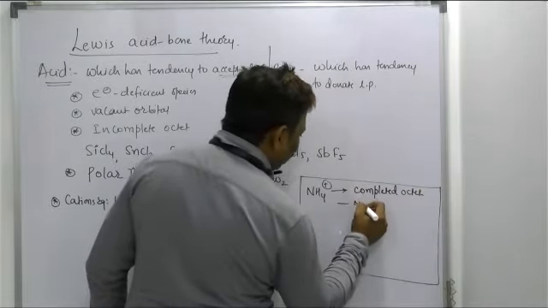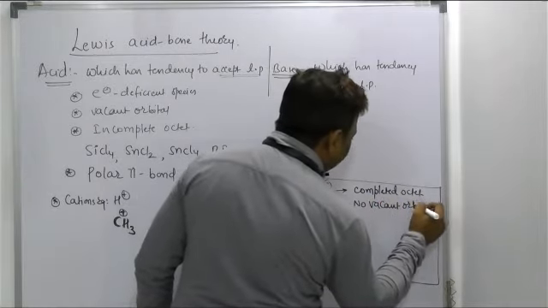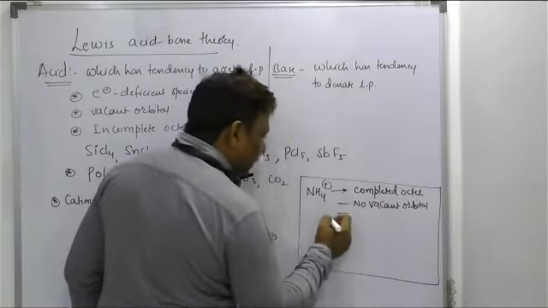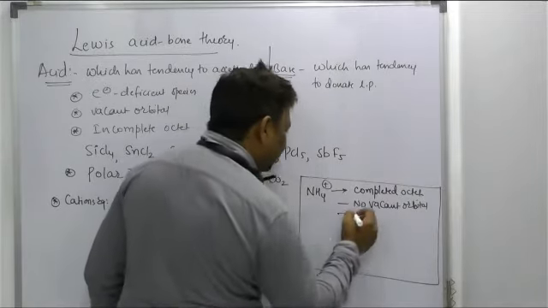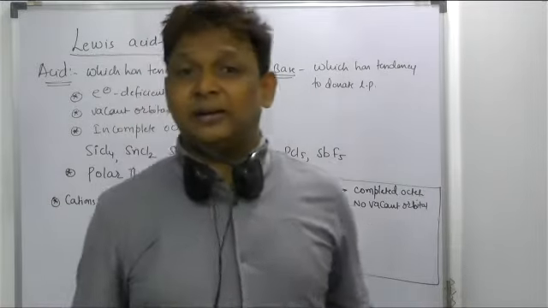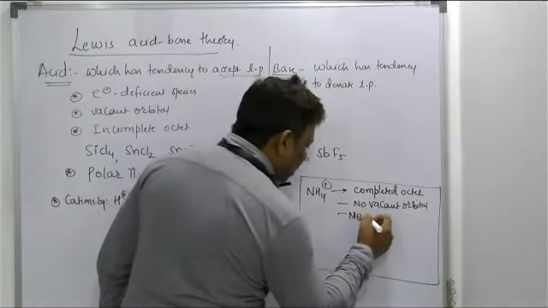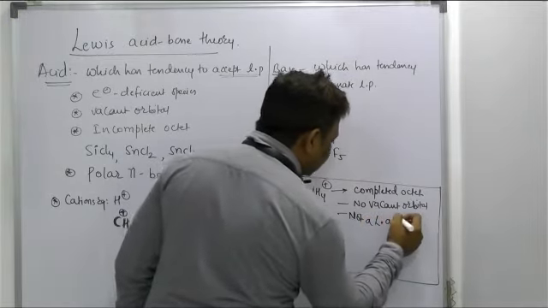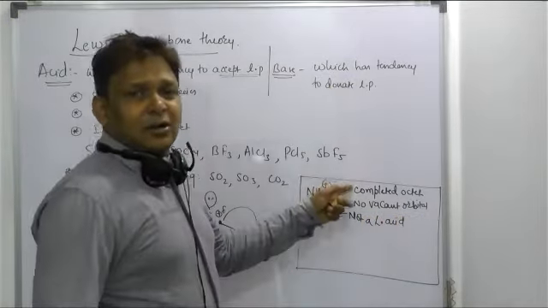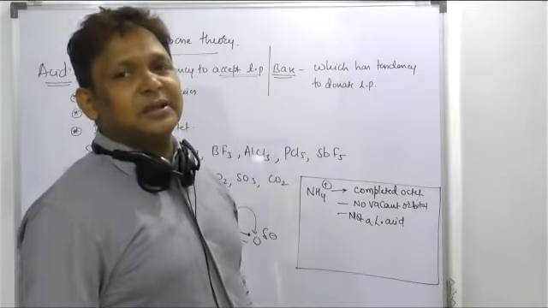No vacant orbital. As it does not have a vacant orbital, the ammonium ion cannot behave as a Lewis acid. We cannot call it a Lewis acid. Ammonium ion is not a Lewis acid because a completed octet, no vacant orbital, never acts as a Lewis acid.